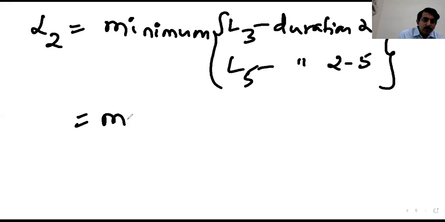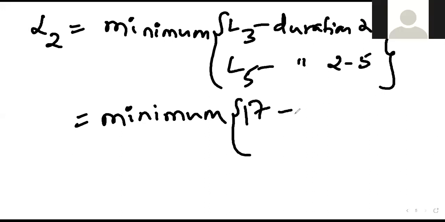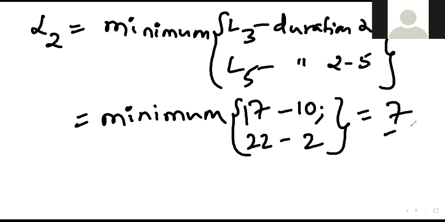Okay. So minimum of, what was L3? 17. Okay. And duration? 10. Okay. 22 minus 2. 7 days. Correct. So this is the solution for L2.